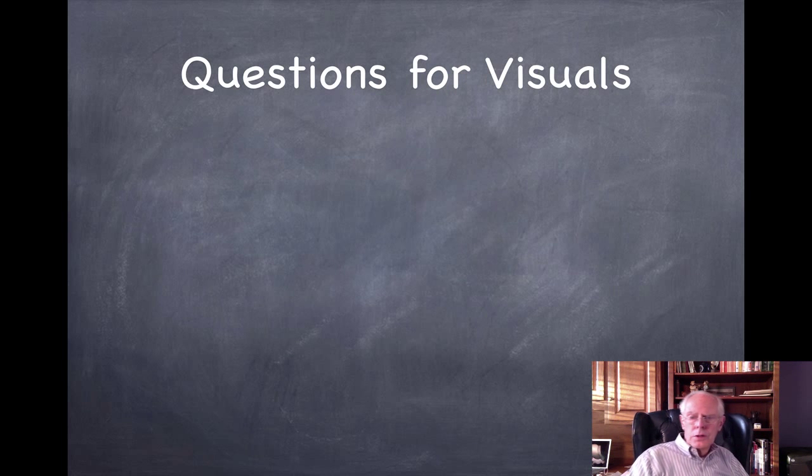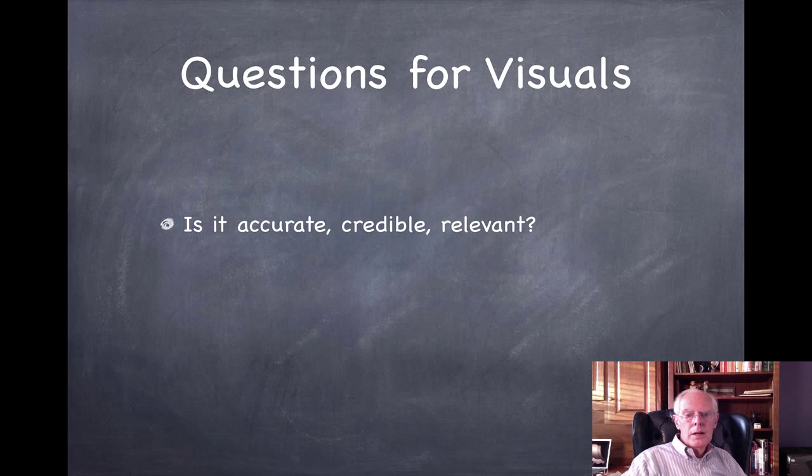The questions you want to ask for visuals are important, because if you are using visuals improperly, then they're probably having the opposite effect of being credible evidence for your claim. Is it accurate? Is it credible? Is it relevant? Okay, accuracy, of course, is important.